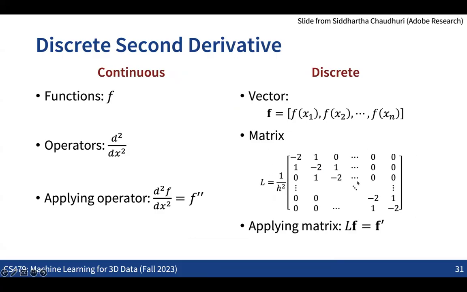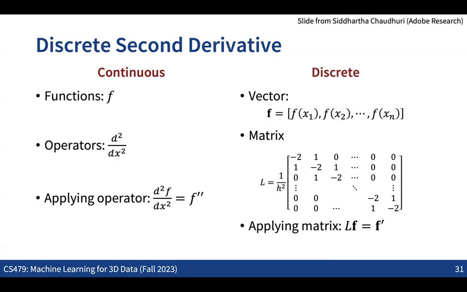Actually, this can also be represented as a matrix multiplication of the first-order derivative. So the second derivative operator is represented in another matrix form, and the output is also represented in vector form here. So we are doing this discretization where the function is represented as a vector and the operator is represented as a matrix.